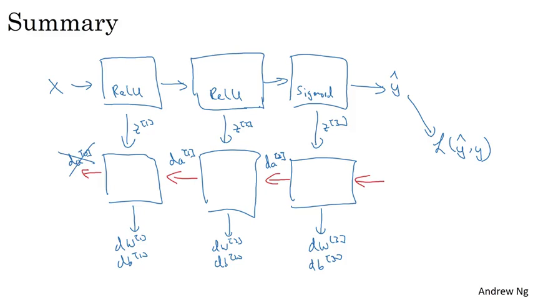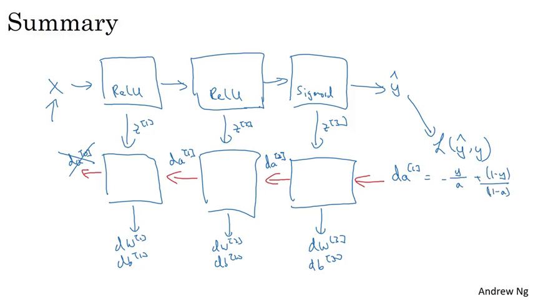Now, there's just one last detail that I didn't talk about, which is for the forward recursion, we would initialize it with the input data x. How about the backward recursion? Well, it turns out that dA of L, when you're doing binary classification with logistic regression, is equal to y over a plus 1 minus y over 1 minus a.